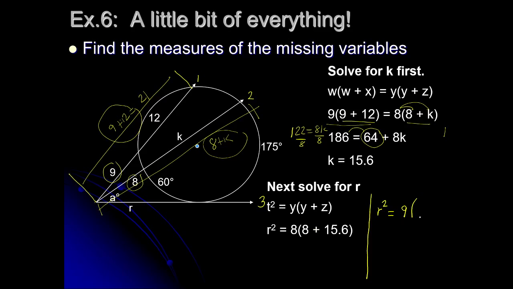What's my equation? This is R squared equals 9 times what? That is line 1. Or simply 21. Right? 9 plus 12 is 21. So we now have 189 for that. What is 9 times 21?